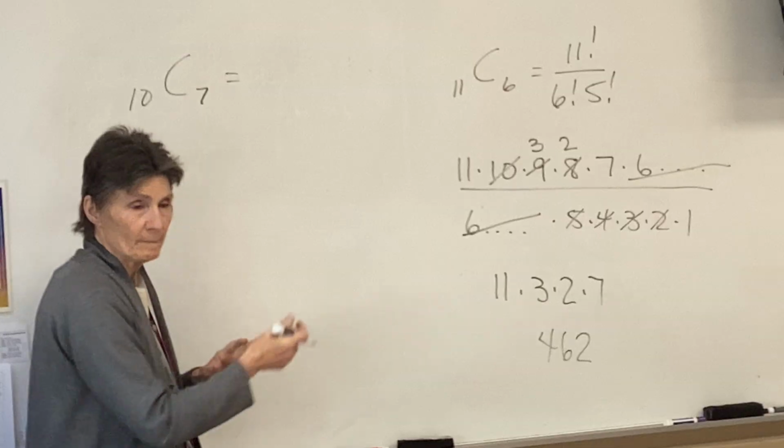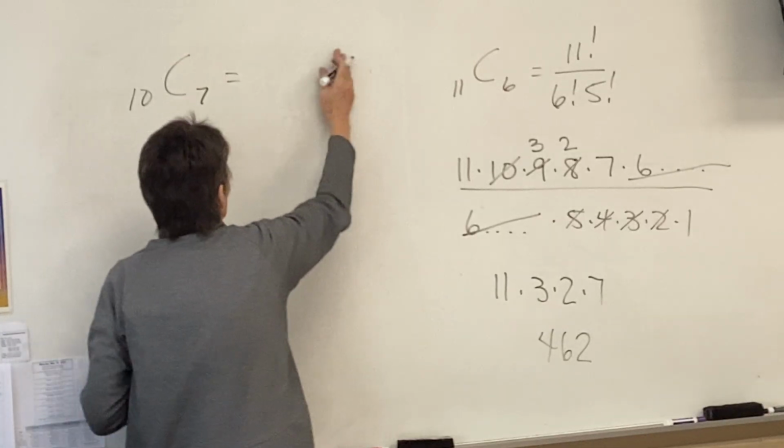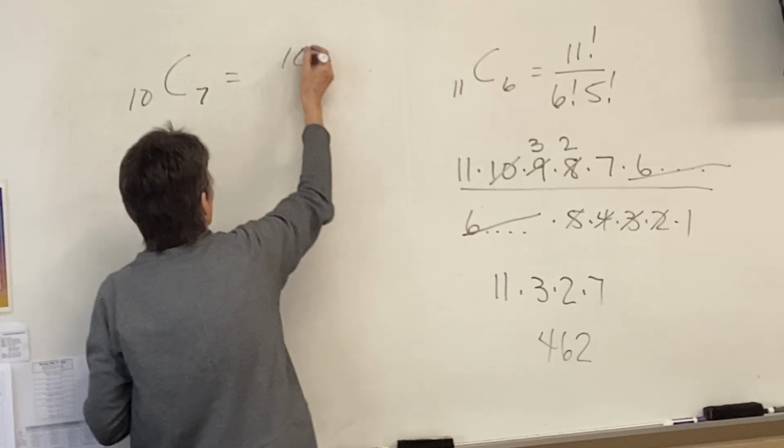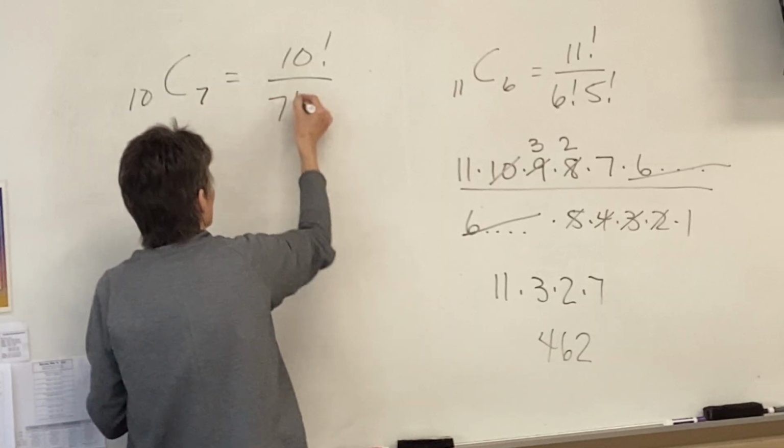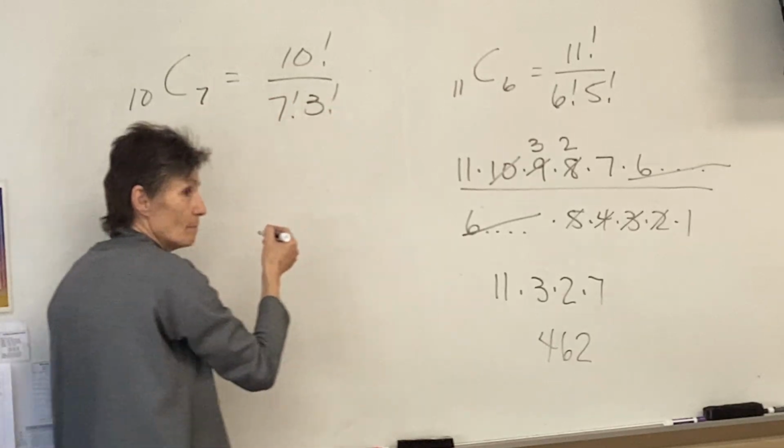What's your formula? What did you start with? 10 factorial over what? 7 factorial, 3 factorial?